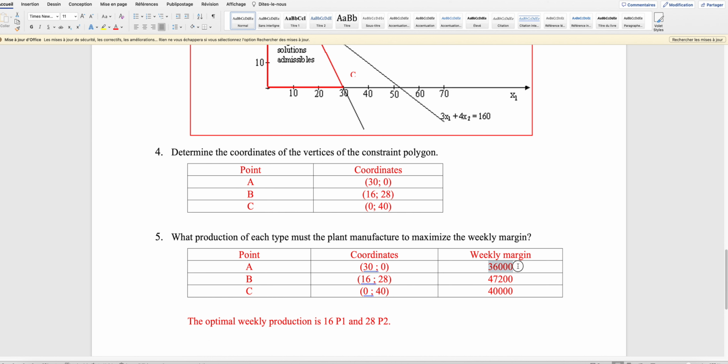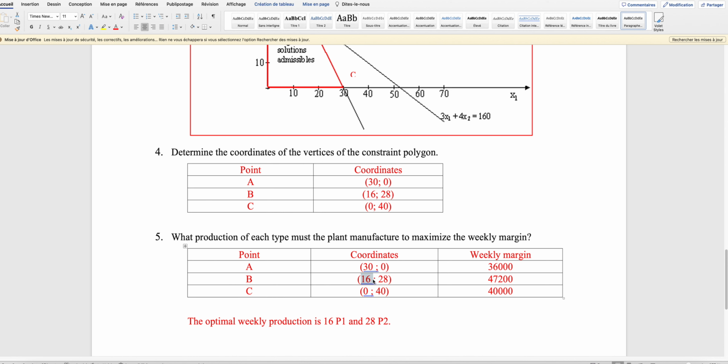We obtain 36,000 euros margin. Now for the point B, we multiply 16 by 1,200 euros. We obtain 19,200 euros, and we add 28 multiplied by 1,000.